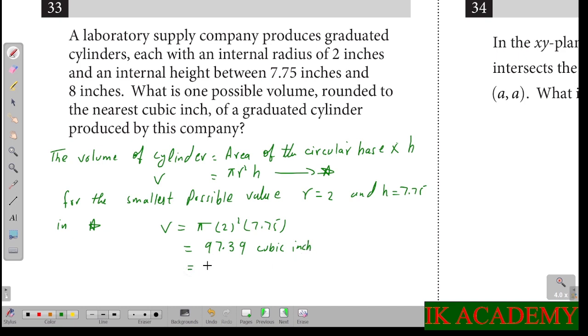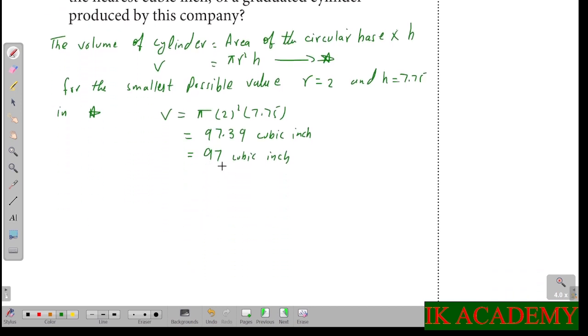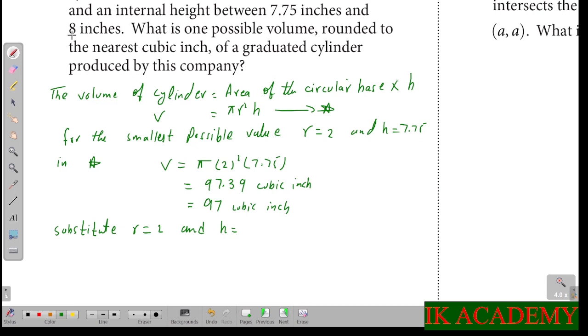And by taking a round figure, we can say 97 cubic inches. So for the largest possible values, we will substitute r is equal to 2 and h is equal to 8 inches.